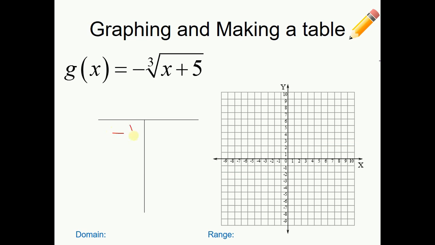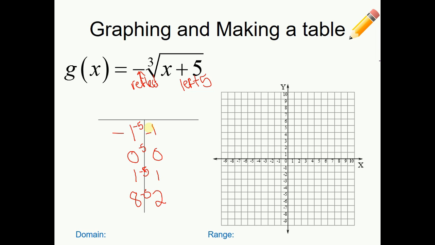Okay, start with our parent table. It looks like we got a reflection going on. And we're also going left 5. So I gotta subtract 5 from all my x's.